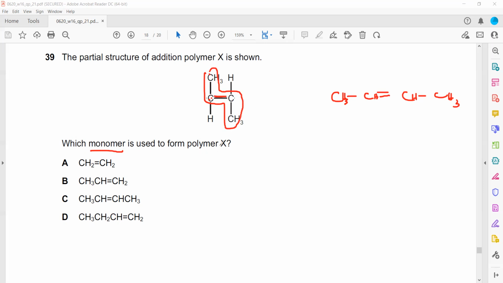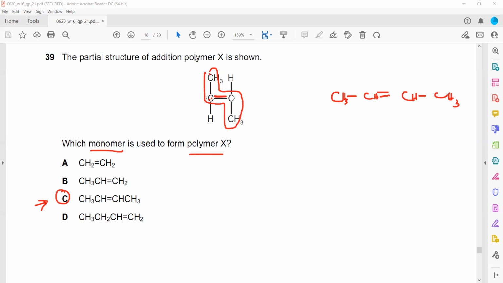So what is the monomer for this polymer X? It should be 4 carbon atoms. So which option has 4 carbon atoms, C or D? But the double bond is between the second and third, so that's why C is the right answer.